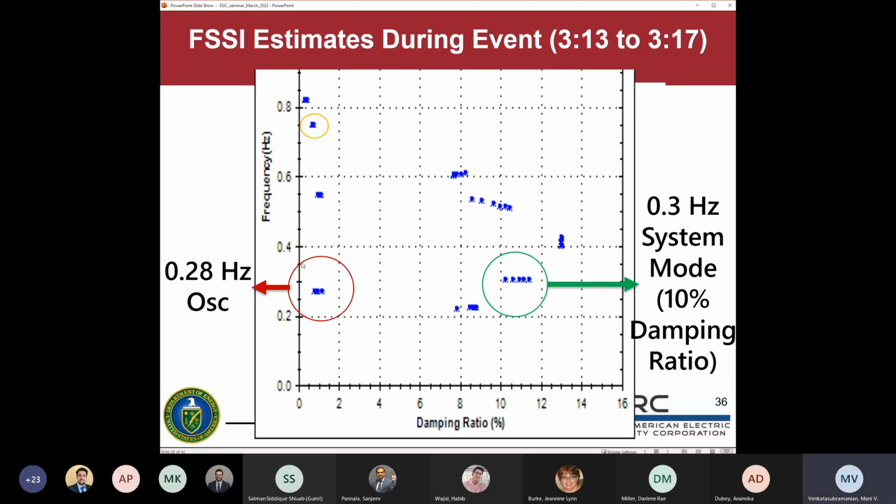And here we can see estimates from moving window analysis like we see in a root locus diagram. So each cluster corresponds to a mode. So the system itself was well damped. There was a 0.3 Hz eigenvalue, which had about 10% damping ratio. But the forced oscillation, which is like 0% damping, interacted with the system mode and resulted in the resonance phenomenon.